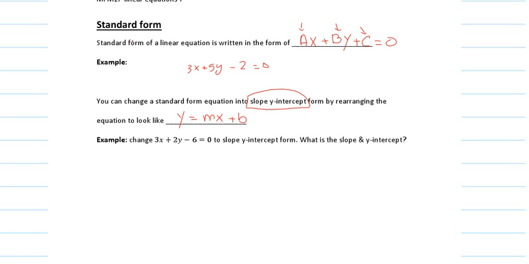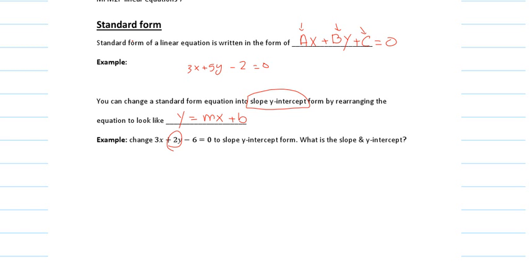So my goal is to leave y right here and move everything else to the other side. This is similar to what we have been doing earlier in the semester with isolating for letters. So the goal is to leave the y on one side and then move everything else to the other side.